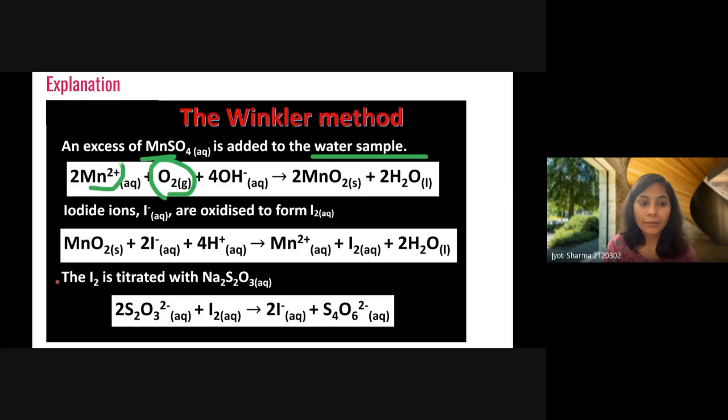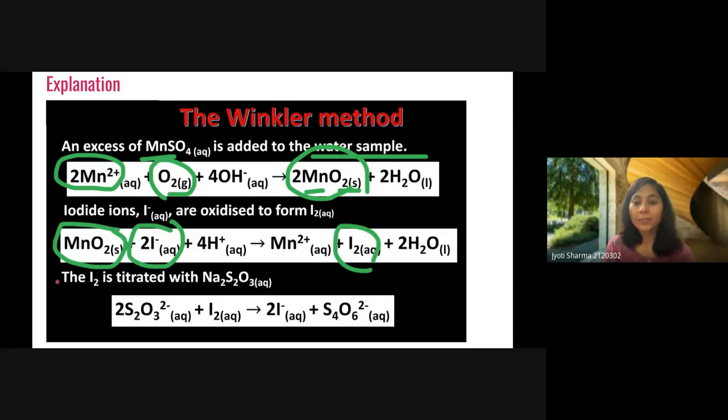So this is the manganese, and that will give you the MnO2. Okay, and then whenever there is a reaction of this MnO2 with your iodide ion, this will give you I2. And it is said that the number of moles of I2 will be equal to O2.